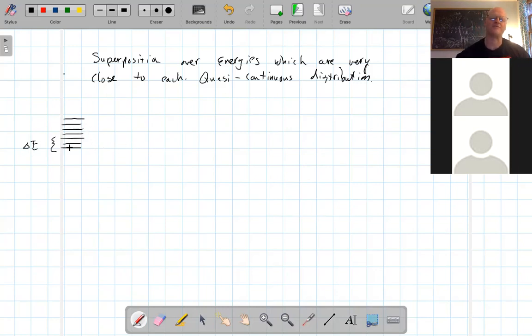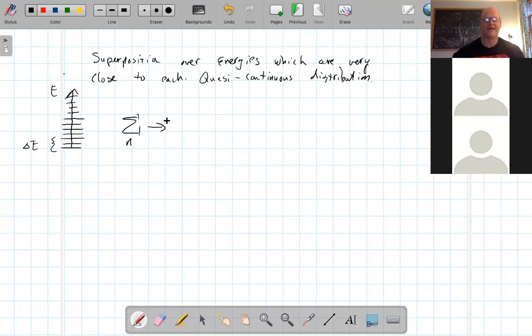That's all this means: even though I have energy across this axis, as long as I take my difference to be bigger than the separation between these discretized energies, we can make this quasi-continuous.